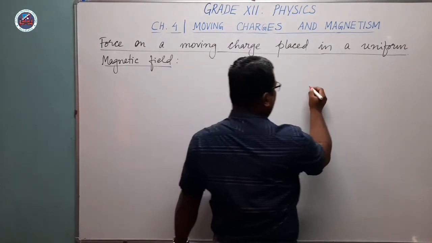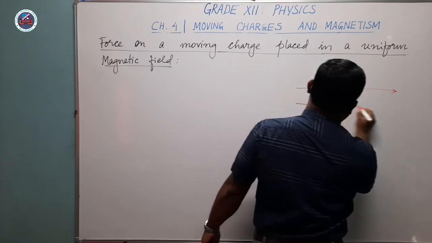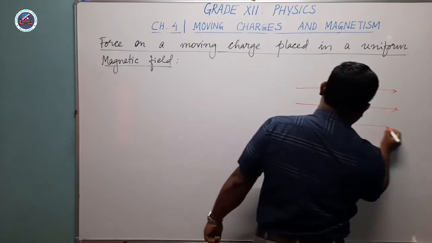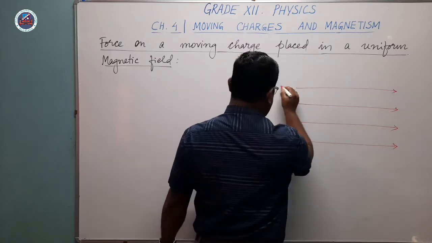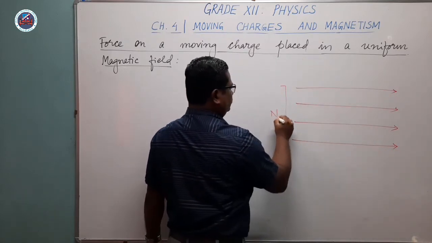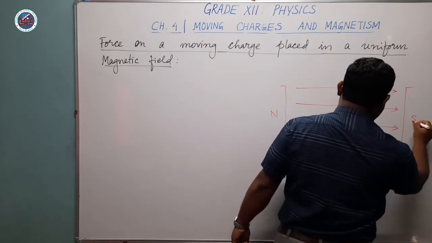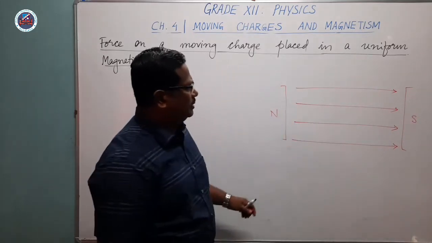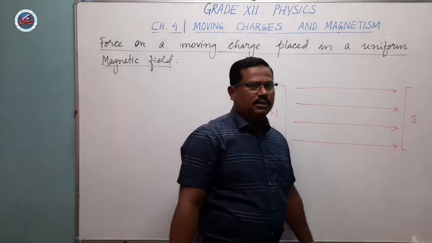Let us first of all take a uniform field. Uniform field we draw like this, parallel to each other. This side you have north and this side you have south pole of a strong magnet. Now the field lines will pass from north to south.